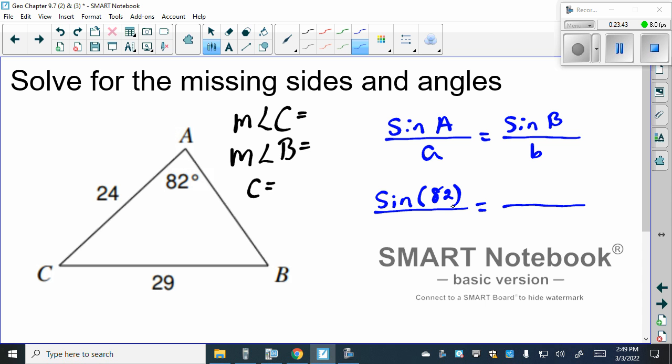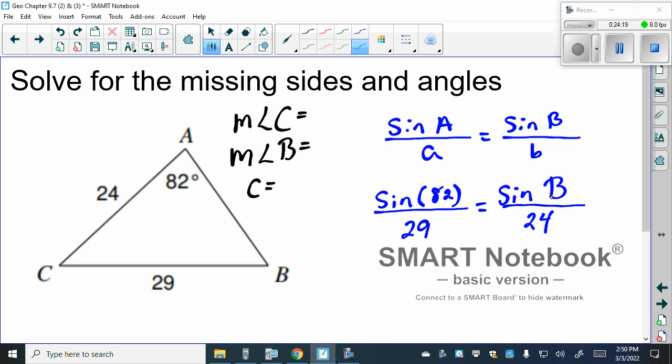They gave us A. And what is the side length opposite from A? Okay, so we used one of the side lengths and the only angle. What was the other side length they gave us? And it would go in the bottom of the other one. And then we'd have sine of the angle opposite that side, which we can call X, or we can call it B since they actually named the angle B. Any questions on this here?